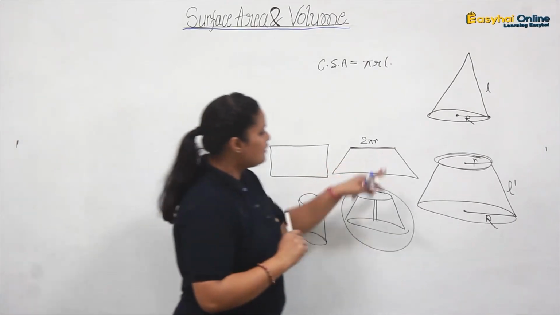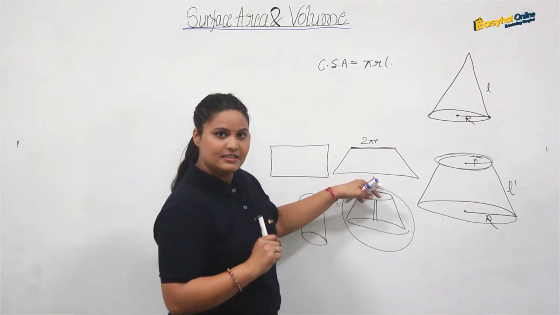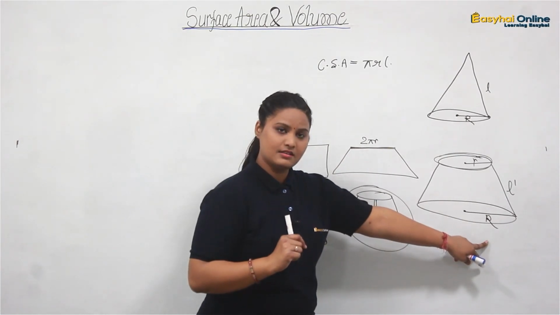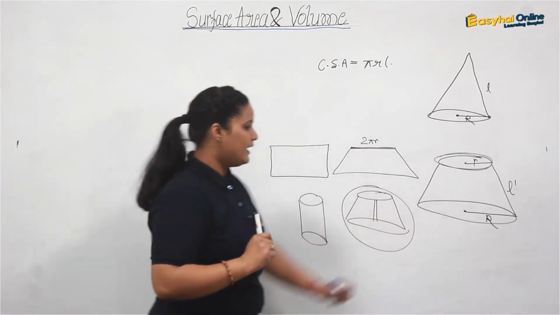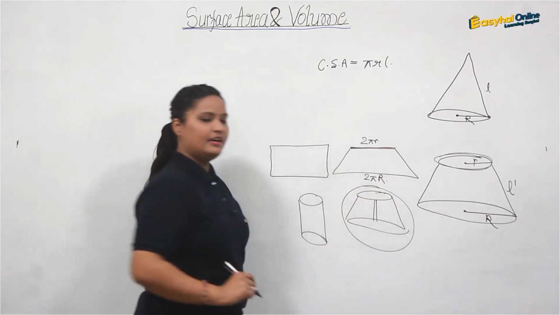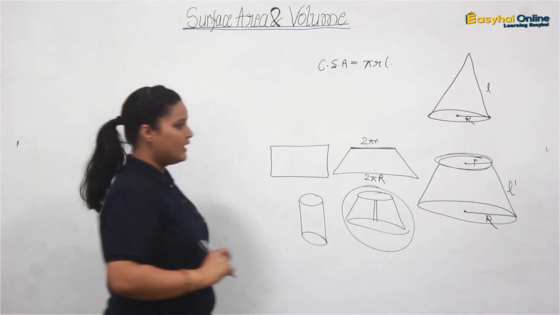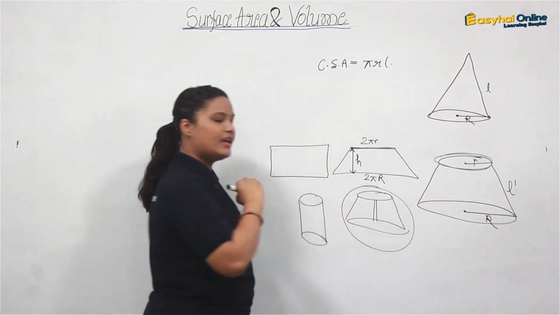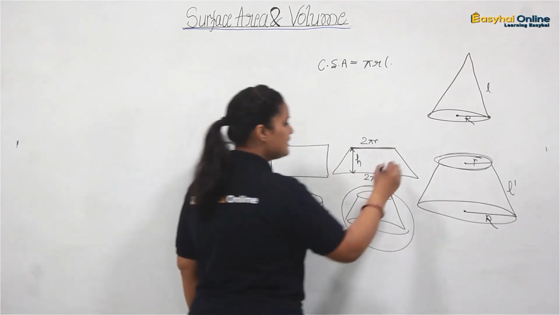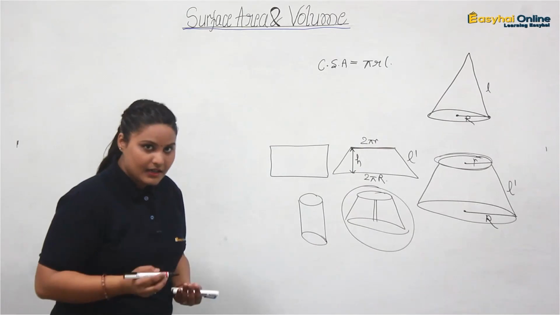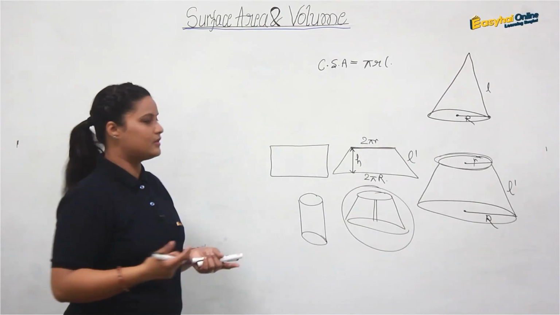Similarly, the length of the larger side will be the circumference of the largest circle of the frustum, meaning 2 pi capital R. Is that clear? The distance between these two sides will be small h and this slant height will be L dash.